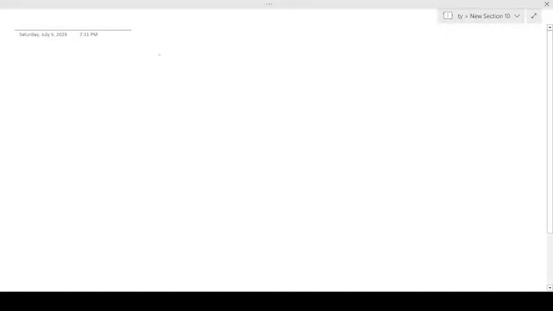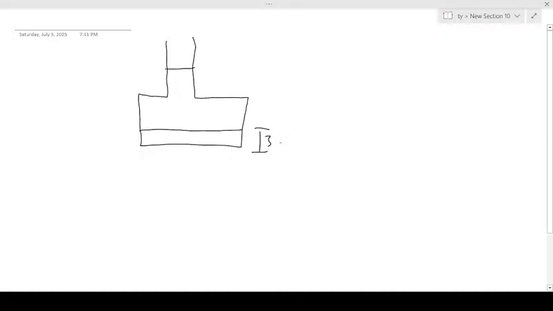Okay, so we have a structure like this, and we have two fluids at different depths. This here is open to the atmosphere.